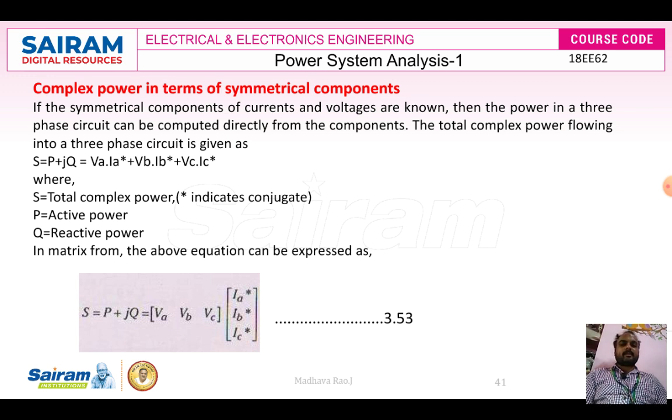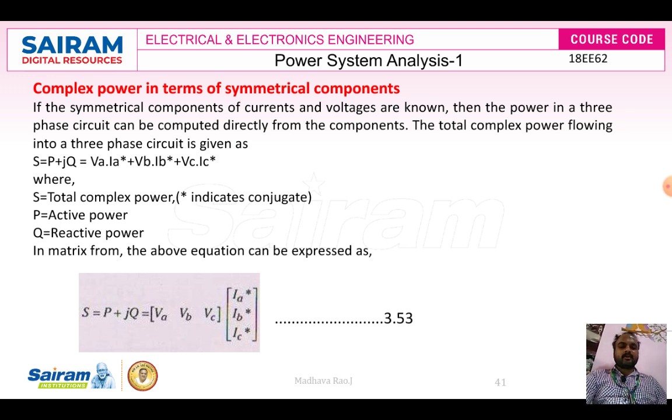If the symmetrical components of current and voltage are known, you can find out the power in a three-phase circuit. So the total complex power flowing in a three-phase circuit is given by S is equal to P plus jQ.